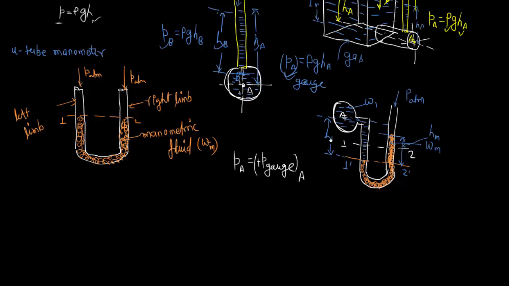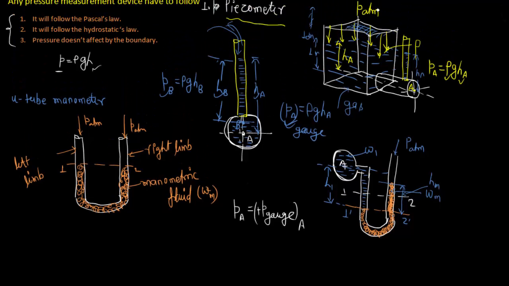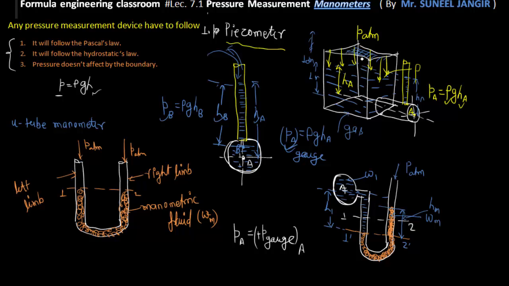But in this case we are saying that at the point A the pressure is P gauge, because obviously this tank is open to atmosphere, and over this tank there is also atmospheric pressure, and over this right limb there is obviously atmospheric pressure here. So the pressure at the point A, we are only considering the gauge pressure.